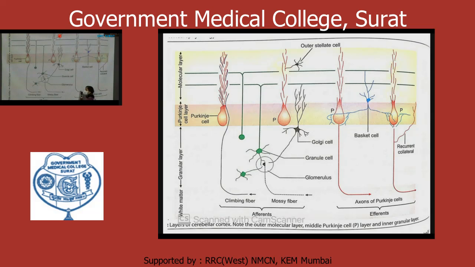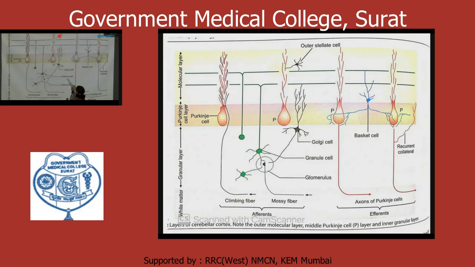Whenever they receive the excitatory impulse from the granule cells, they cause lateral inhibition. That is, they inhibit the Purkinje cells on the sides.